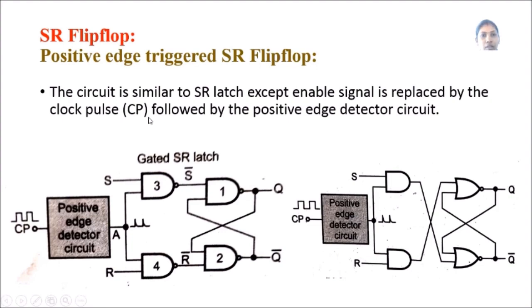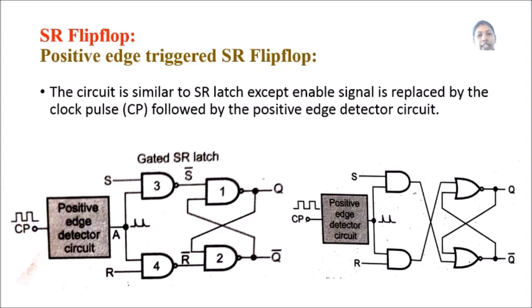In latches, you have the enable signal. If you have the clock pulse signal, it is called a flip-flop. In the figure, you can see that the clock pulse is given to the positive edge detector circuit. The detector will detect when the positive edges arrive. Only at the positive edges will the flip-flop start its function.